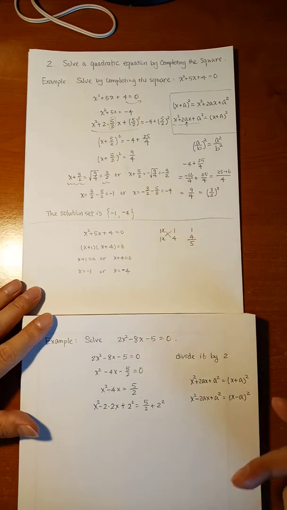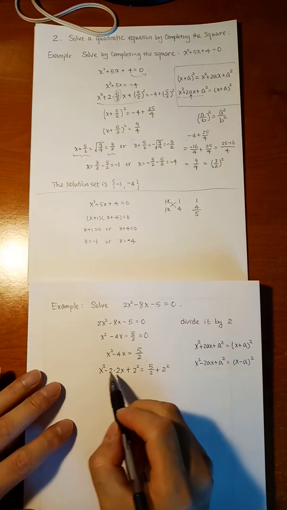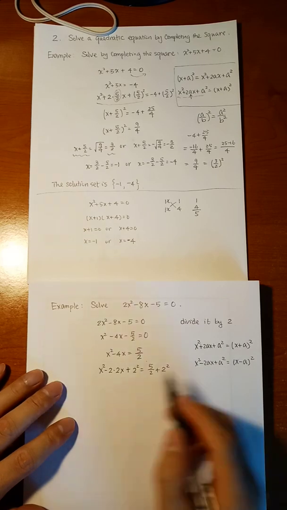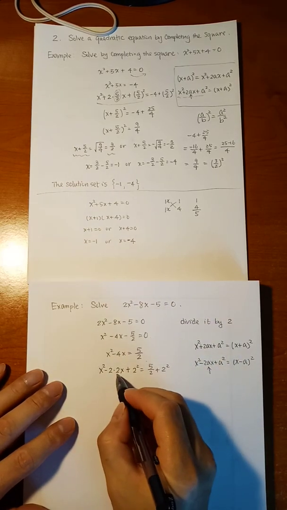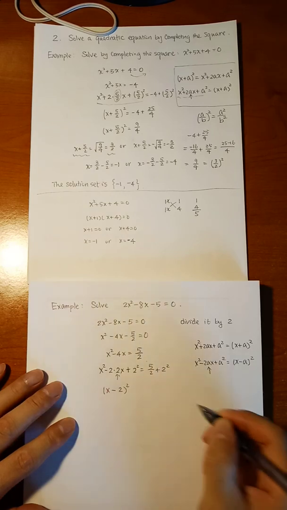Okay, so there are two formulas for completing the square. One is for the positive, one is for the negative. So here it's x squared minus 2 times 2x plus 2 squared. In this formula, a is the number 2. So the left hand side becomes x minus 2 quantity squared.